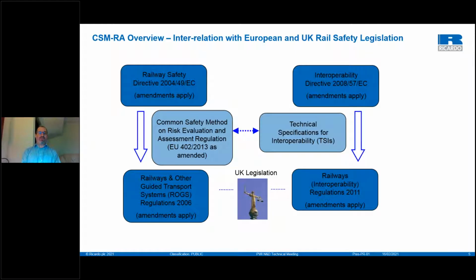so ROGS basically manages the implementation and management of safety on the railway through national technical rules, and aligned with that, we have the Interoperability Directive, which is a means by which railway operations and undertakings are harmonised across Europe.